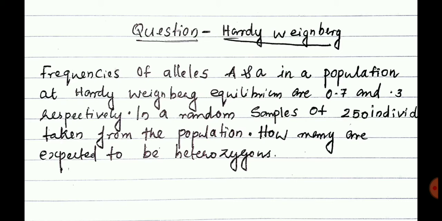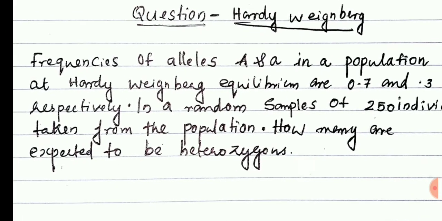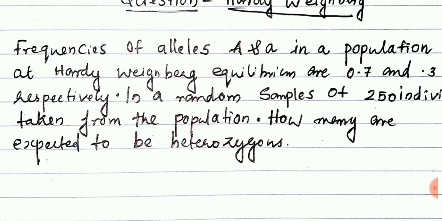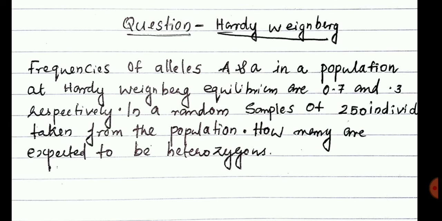There is a question on the Hardy-Weinberg principle. Frequencies of alleles A, capital A, and small a in a population at Hardy-Weinberg equilibrium are 0.7 and 0.3 respectively. In a random sample of 250 individuals taken from the population, how many are expected to be heterozygous? This is the question, so we want to calculate using the Hardy-Weinberg equation.